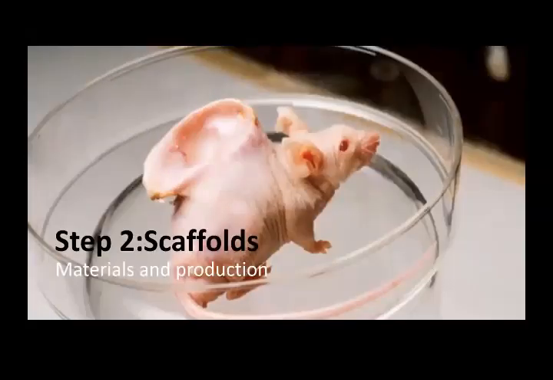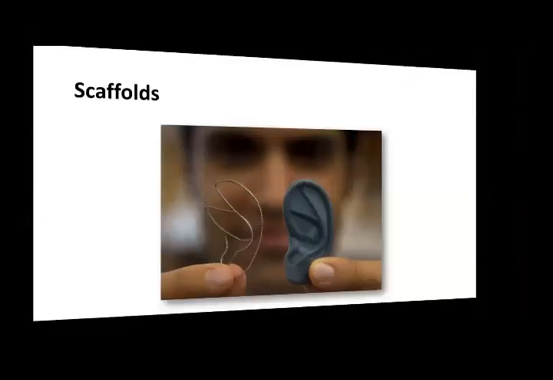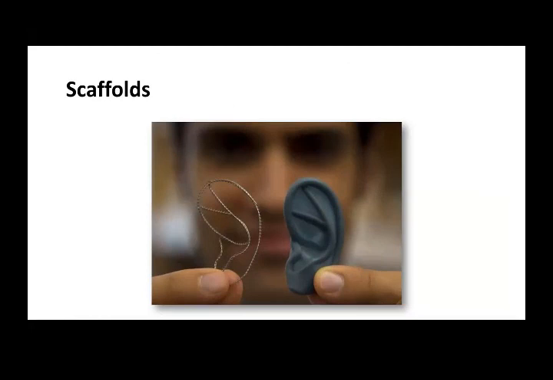See, step 2, जो हमने बात की scaffolds की, and the materials that go into its production. Obviously, scaffolds, the main purpose क्या है कि guide, organize करना for tissue engineering. It helps with the growth and differentiation of the cells in the process of forming functional tissues.